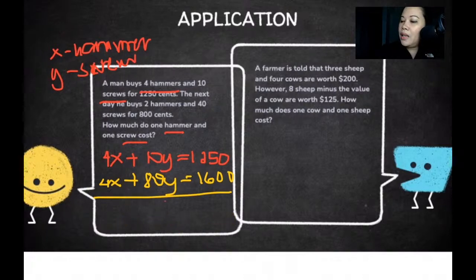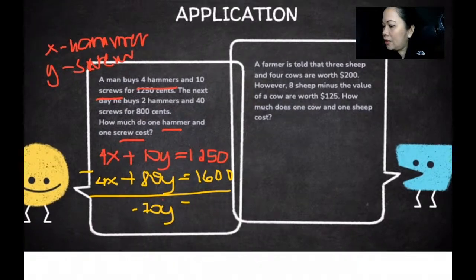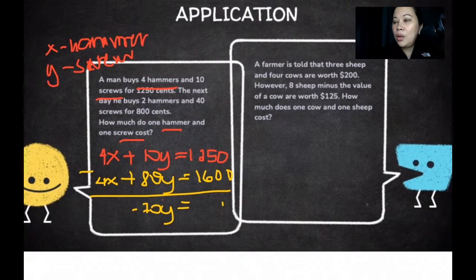So subtracting this will give you, so 4 minus 4 is done. 4 minus 4 is 0, so I don't need to put that. 10 minus 80 will be negative 70y equals 1,250 minus 1,600 will be negative. That's a 0. That's a 10. Oh, sorry. That's a 10. Okay. So that's a 70.